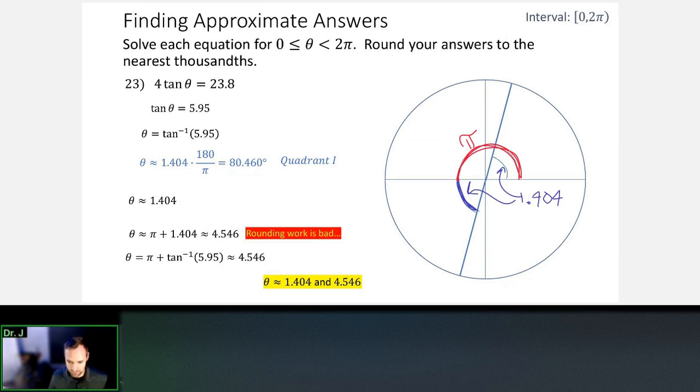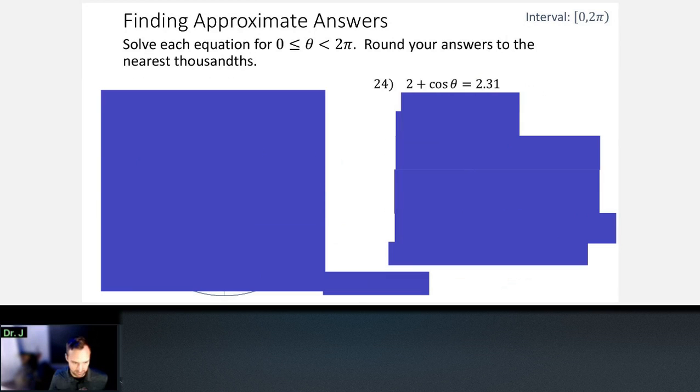All right, and then let's do our last one together. Number 24. Give me a green check when you have finished this one. And again, try to do this without looking at my work.